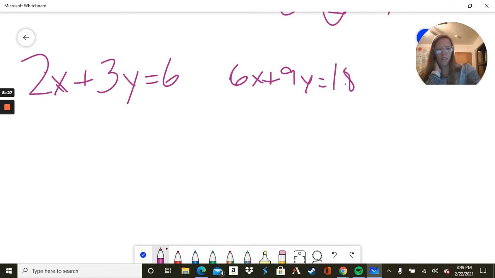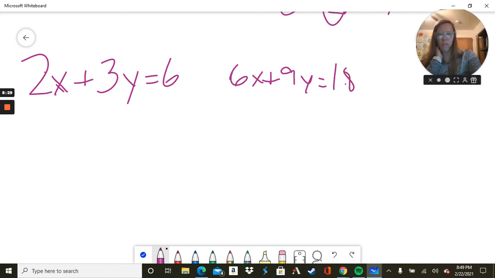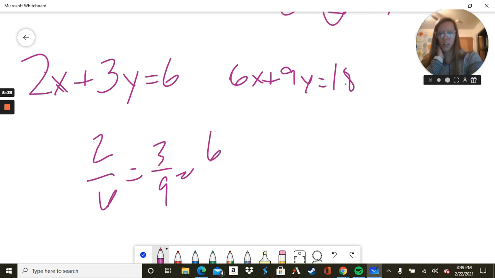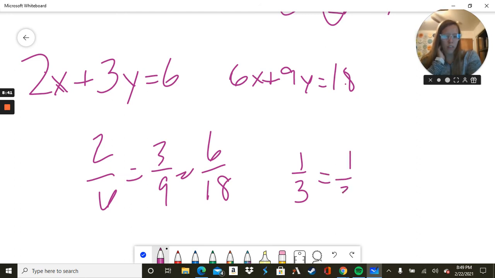Okay? So 2 over 6, 3 over 9, 6 over 18. 2 over 6 is 1/3. 3 over 9 is 1/3. 6 over 18, 1/3. So these two equations will be the same line. Okay?